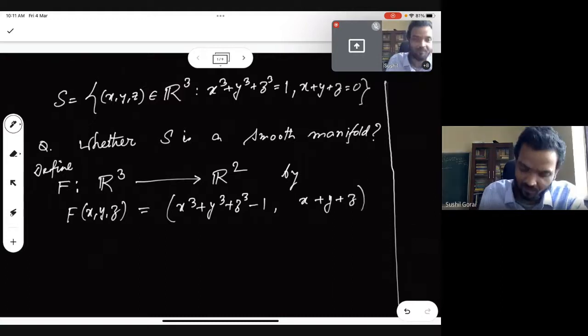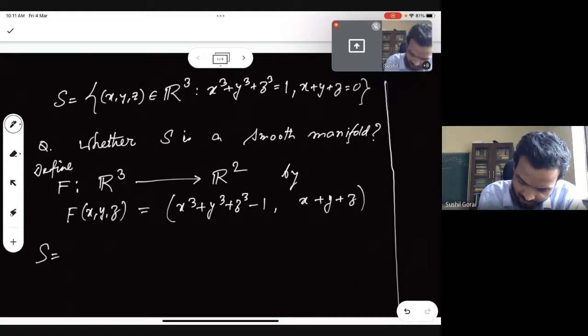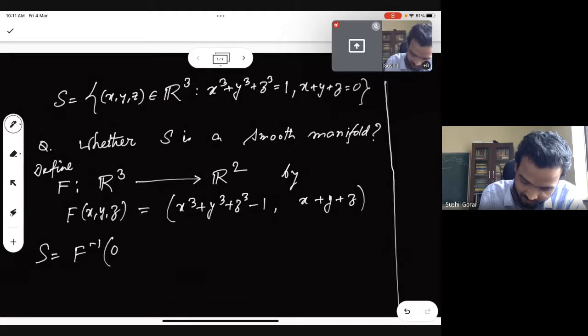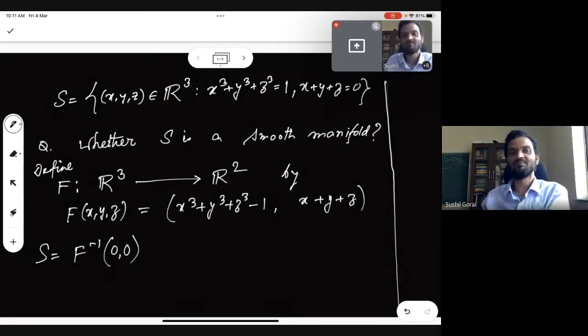And S is nothing but f inverse of (0, 0).